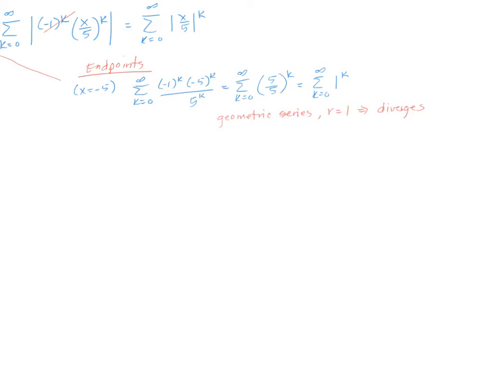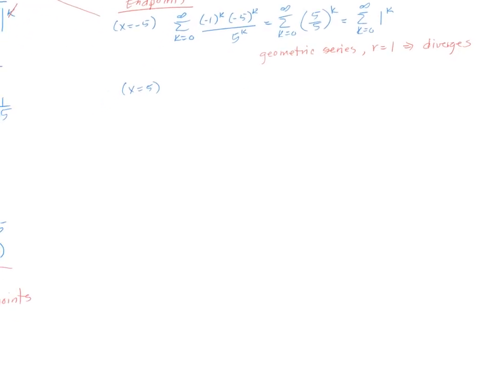So let's try x equal to 5. If we put x equal to 5 in our series, it's the sum from k equals 0 to infinity of (-1)^k 5^k over 5^k, and you see that the 5^k in the numerator and denominator will cancel, which means this is just (-1)^k.